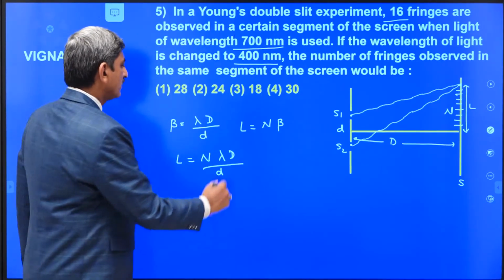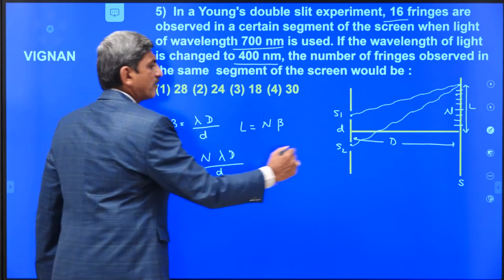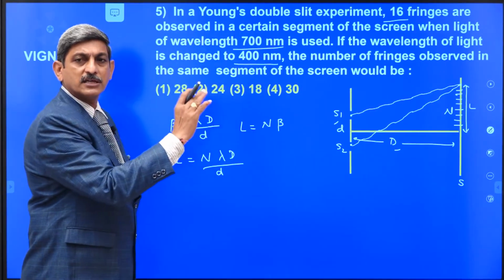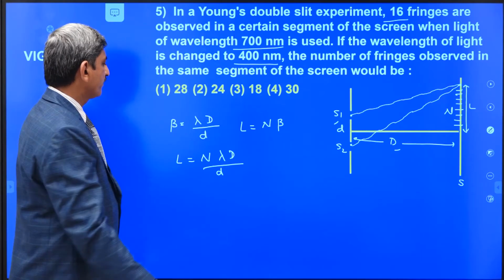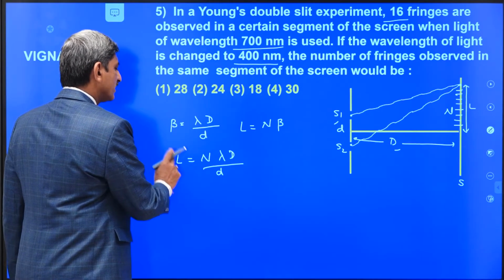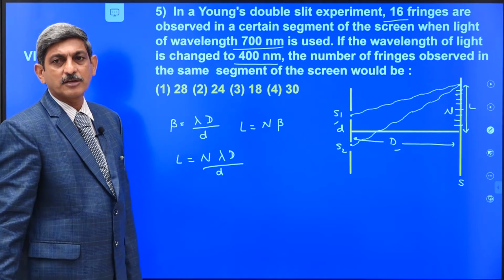In this setup, D is constant, small d is also constant. Why? Because they depend only on the experimental setup. As lambda changes, n also changes to keep the length of the segment the same.